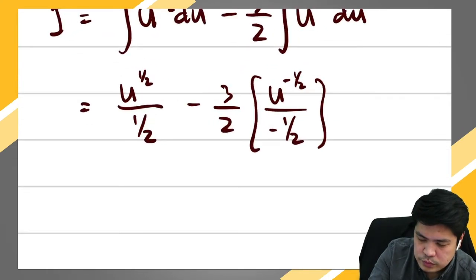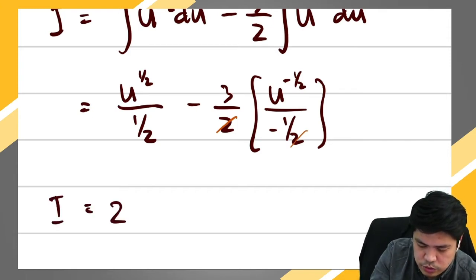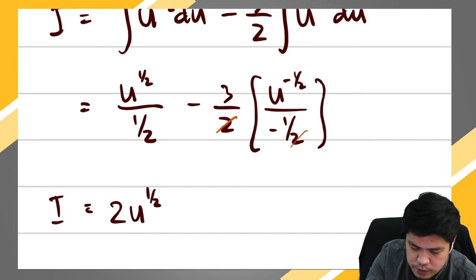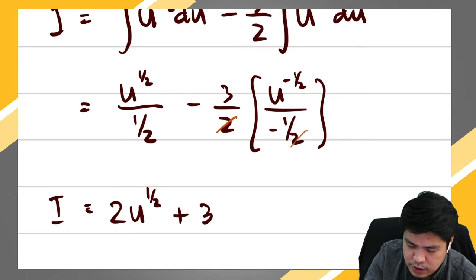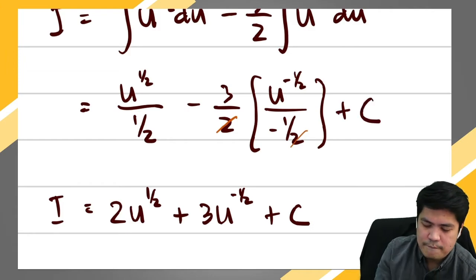Okay, so these cancel out. Simplifying, we have I equal to 2 times u raised to 1 half plus 3 u raised to negative 1 half plus c.